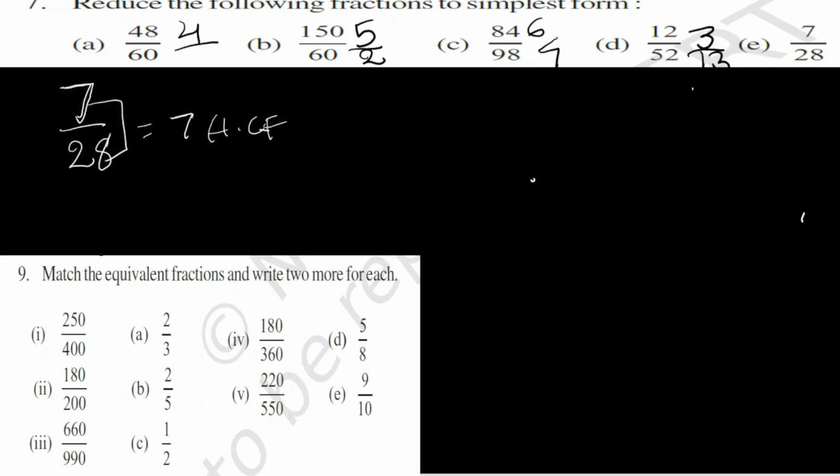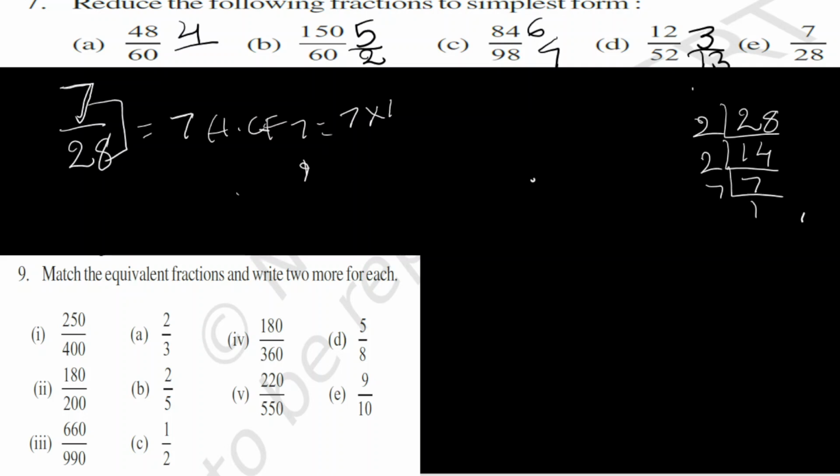And let's check with the factorization method also. The 7 can be written as 7 into 1, and this 28 can be written as 2 into 14, and 2 into 7, 7 into 1.